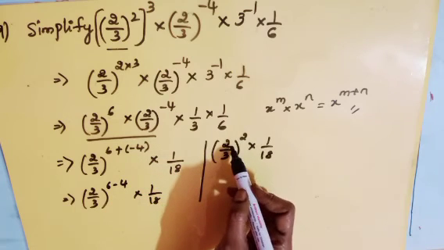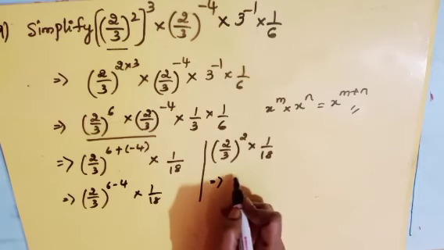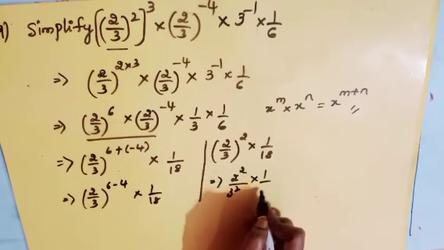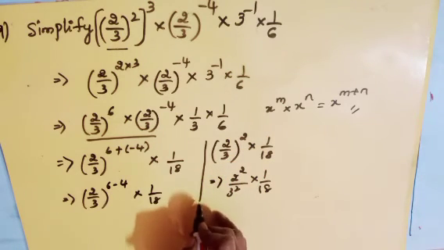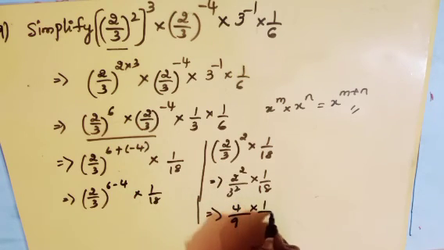Now it is squared to the numerator as well as the denominator. Therefore 2^2 by 3^2 times 1/18. Next, 2 squared means 4 divided by 3 squared means 9, times 1/18.